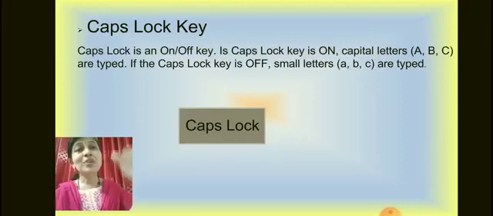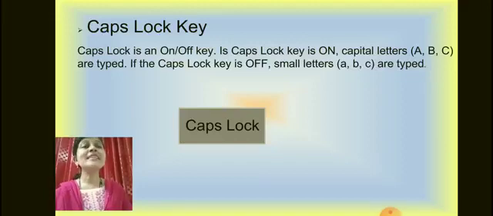When Caps Lock is on, you can see the light. If Caps Lock is on, when you press the alphabets, the capital letters will be typed and seen on the monitor.